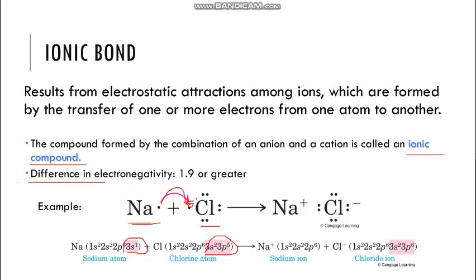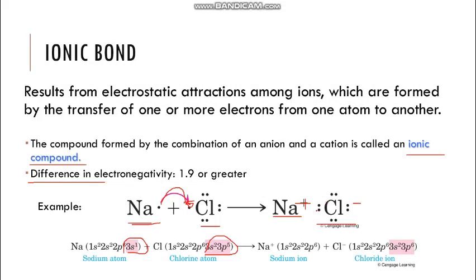And as you can see, nagkaroon tayo ng charge doon sa ating Na. So meaning siya ay naging cation, okay? Kasi siya ang nagbigay ng isang electron. Now, yung ating chlorine, nagkaroon siya ng negative sign, which means siya ay naging anion. Ayan, kasi siya yung nag-receive ng ating electron.